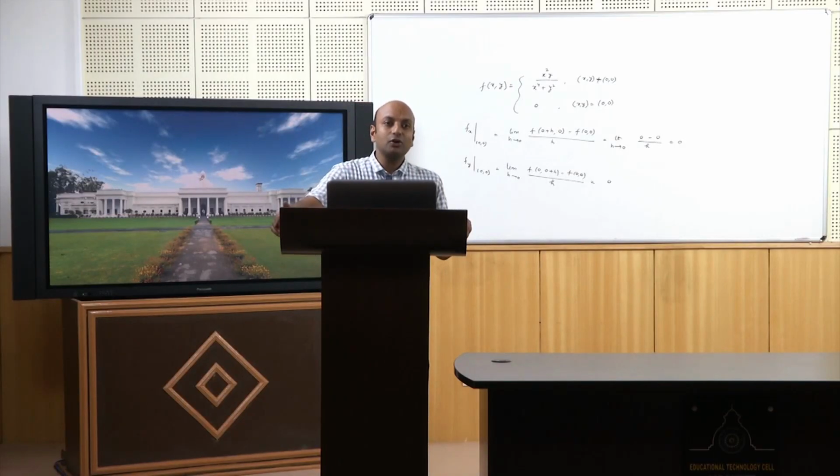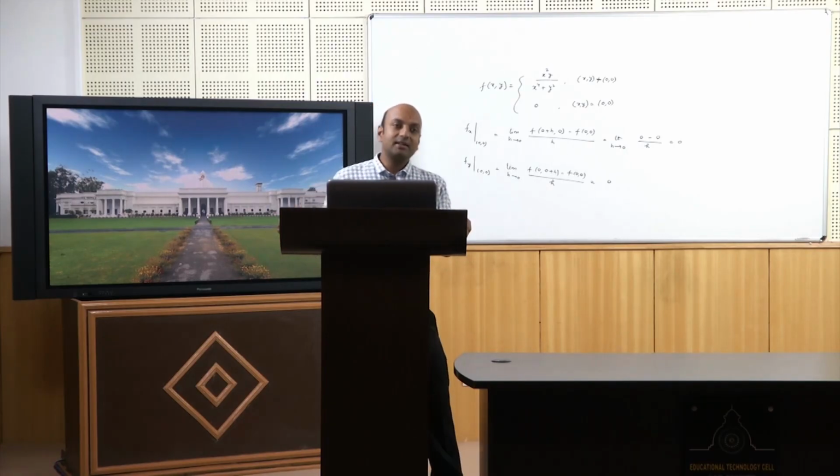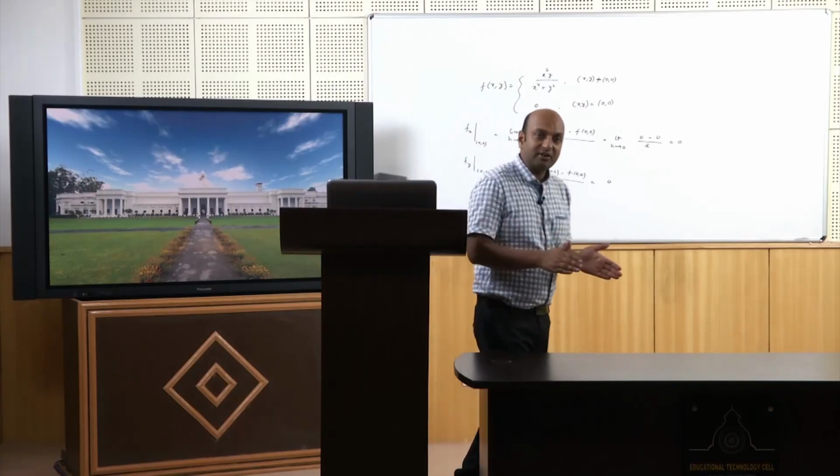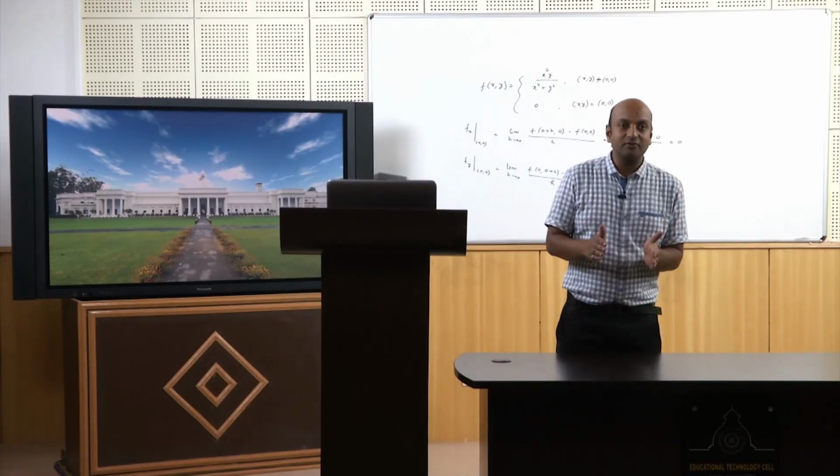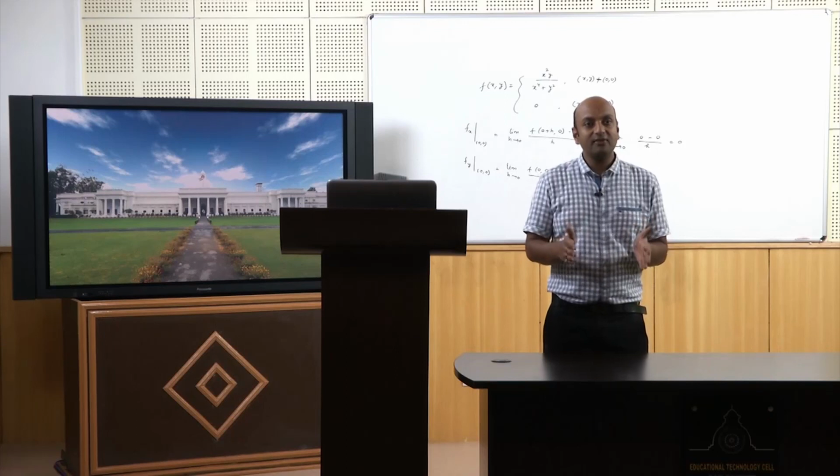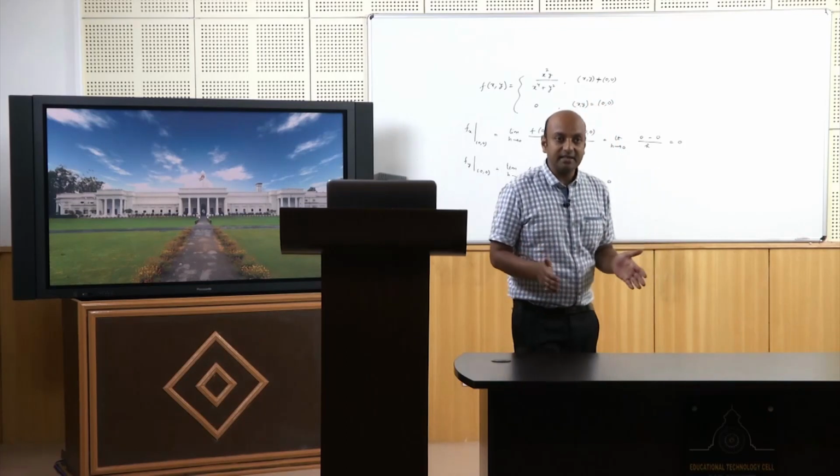So, existence of partial derivative at a point does not guarantee that a function is continuous at that point, also for several variable functions. So, what is the additional condition required? Besides the existence of partial derivatives, what additional condition must the function have so that we can say the function is continuous at that point?